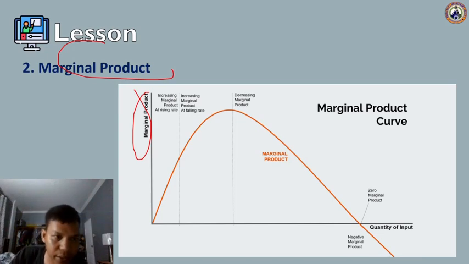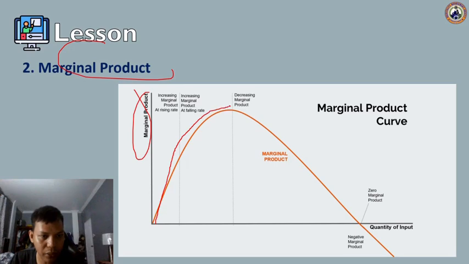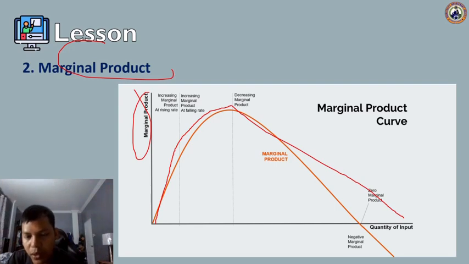Another thing here, we have increasing marginal product at a rising rate, which raises the rate of production. Then increasing marginal product at a falling rate. So we have already reached the highest peak here. Then there is a phenomenon that happens when we hire more employees or more workers but only have limited inputs.